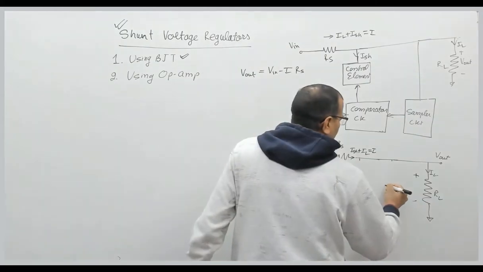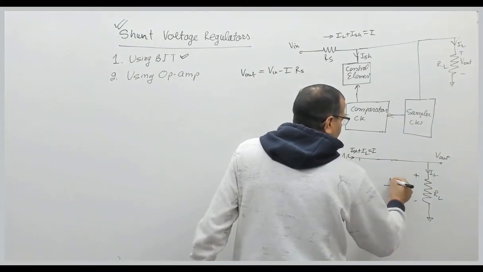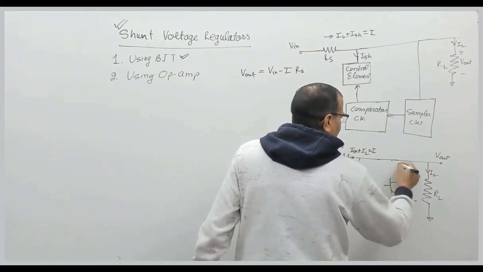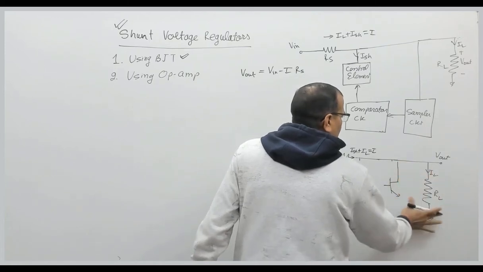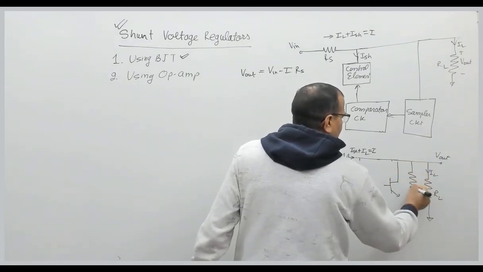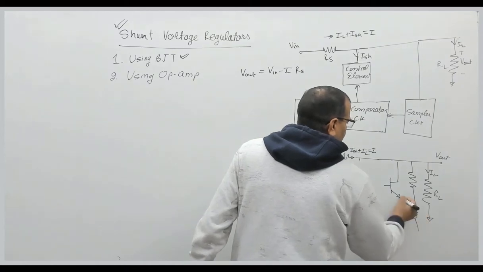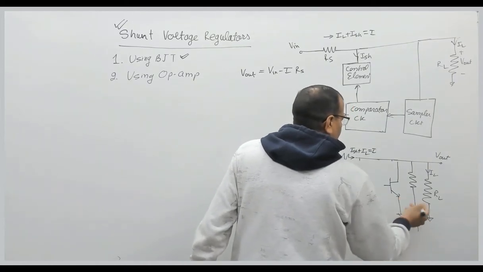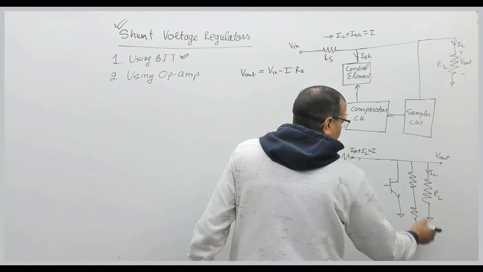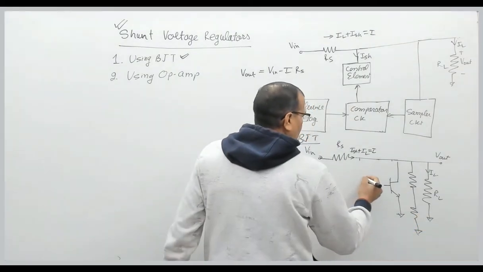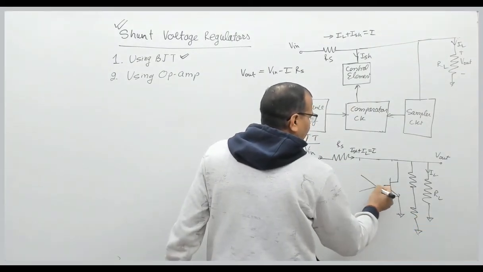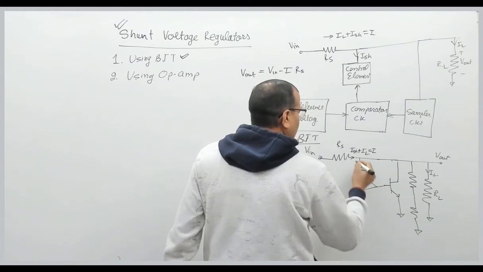Here we have a BJT like this. We have a potential divider circuit on the output side like this. This is connected to ground, right? And we take the output of the op-amp, which is connected at the base terminal like this.